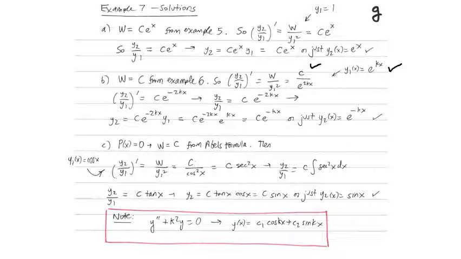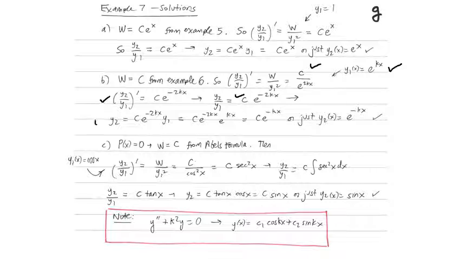So just rearranging that a little bit, we have (y2 over y1) prime is c e to the minus 2kx. So we integrate that and redefine our constant and get y2 over y1 is c e to the minus 2kx after integrating the previous expression.